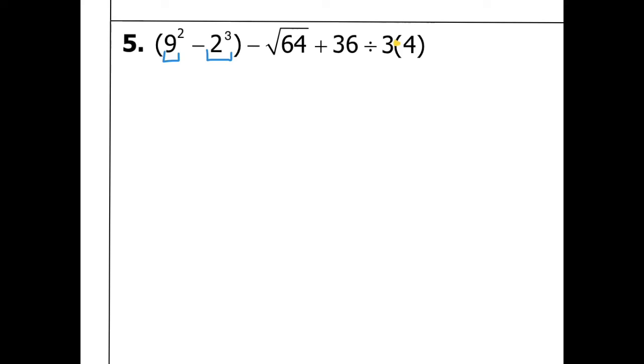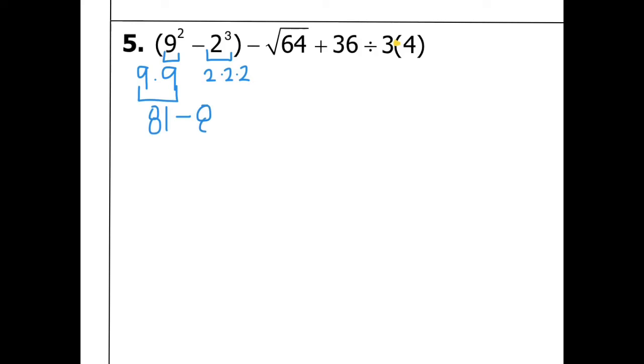Well, 9 to the power of 2 is the same as 9 times 9, and 2 to the power of 3 is 2 times 2 times 2. Okay? So 9 to the power of 2, 9 times 9 is 81. And from that, I'm going to subtract 2 times 2 times 2. So 2 times 2 is 4, times 2 is 8.